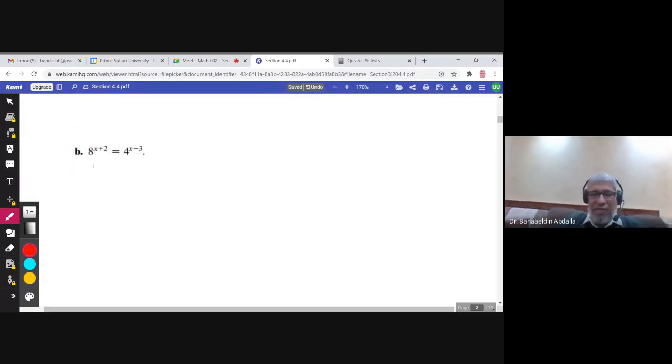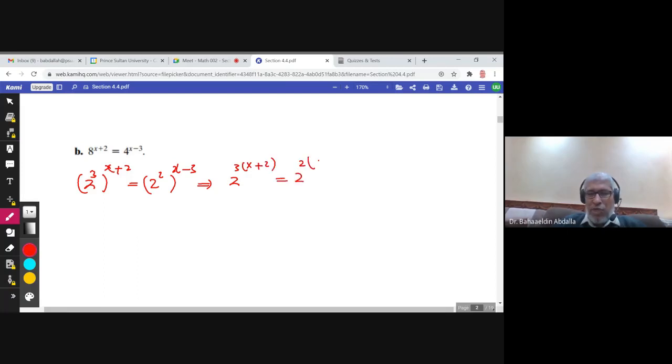Here I have 8 and 4. The base which we can find is 2, because 8 is 2 to the power 3, and 4 is 2 to the power 2. Now you multiply 3 times x plus 2, and here 2 times x minus 3.